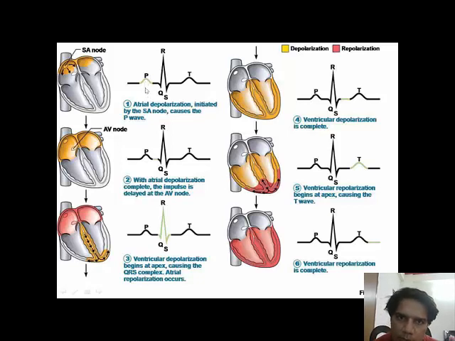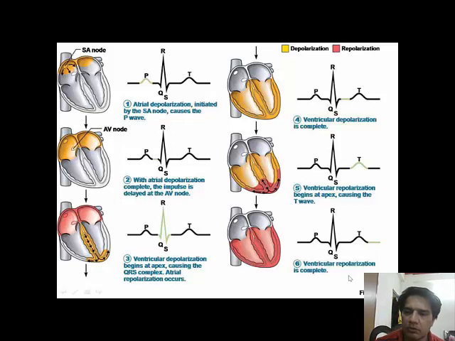So I'll review. P wave is atrial depolarization. PR denotes conduction through the AV node. QRS is ventricular depolarization. The ST segment denotes the end of depolarization and the start of repolarization. And eventually, when T ends, repolarization is complete.